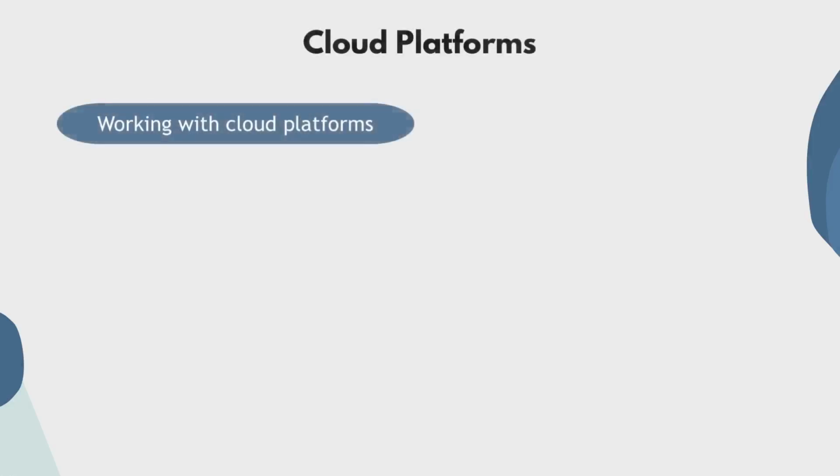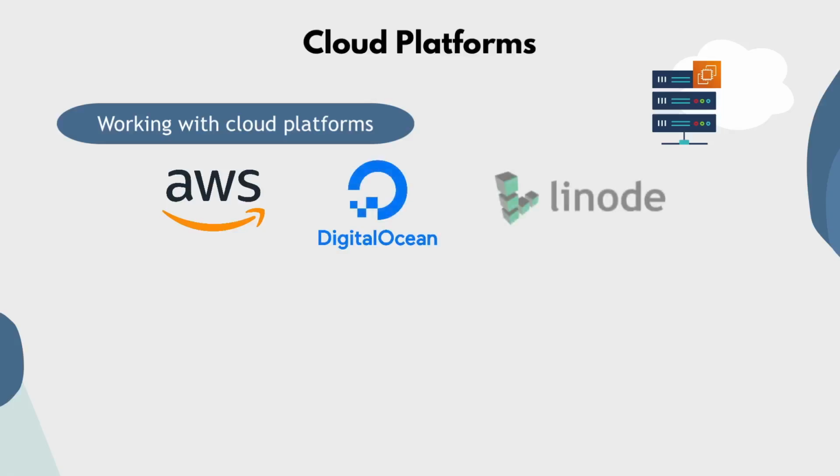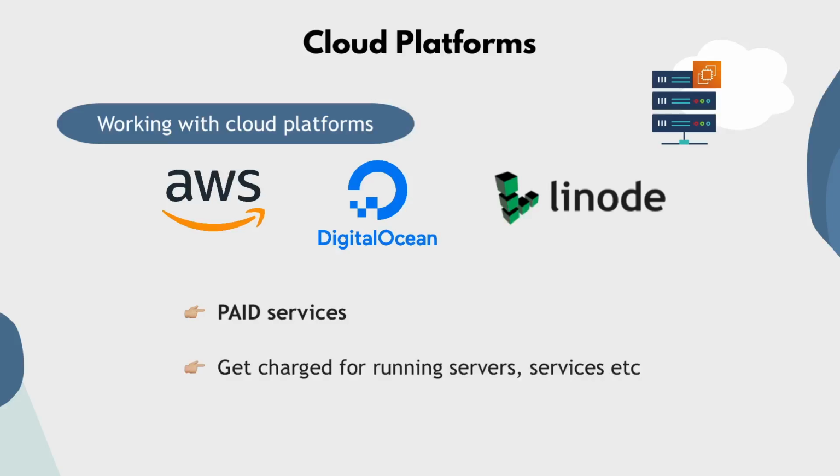When learning about cloud platforms and working with virtual cloud servers, we will be using 3 different cloud platforms for different use cases. And all cloud platforms have paid services because this is an infrastructure, actual machines that you're using, so you have to pay for them. So you will be usually charged for hosting and running servers on these platforms.